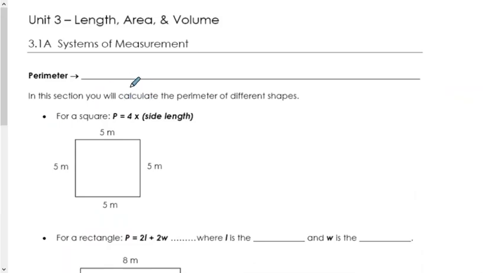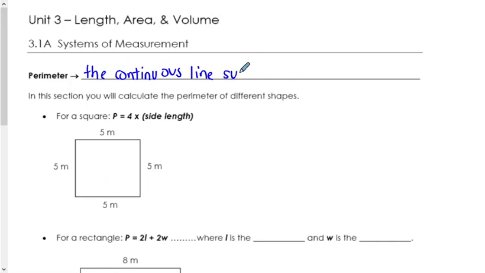So right here, we just have to review a couple terms before we begin. So perimeter, if you remember, is the outside of your shape. So the continuous line that surrounds an object.